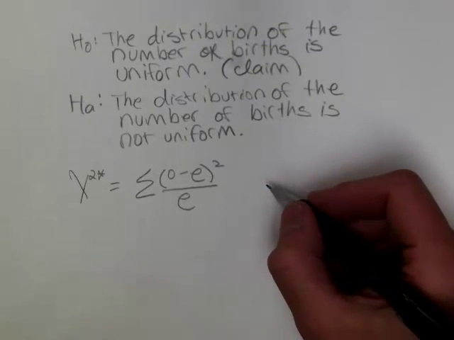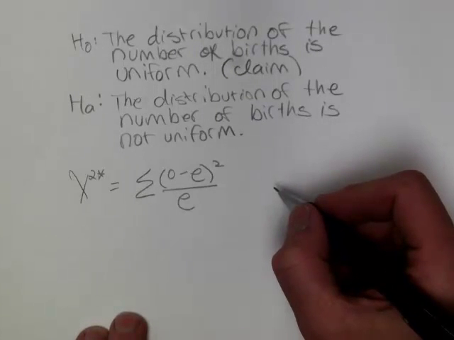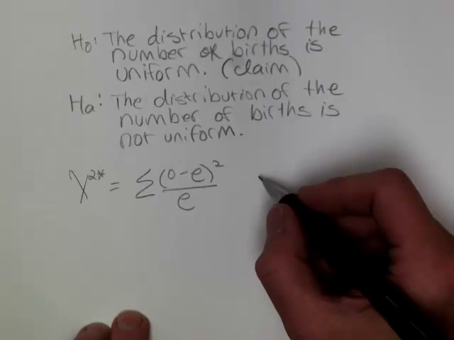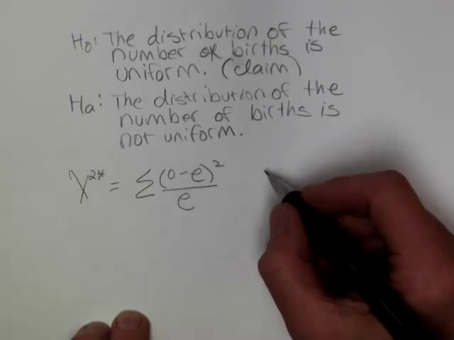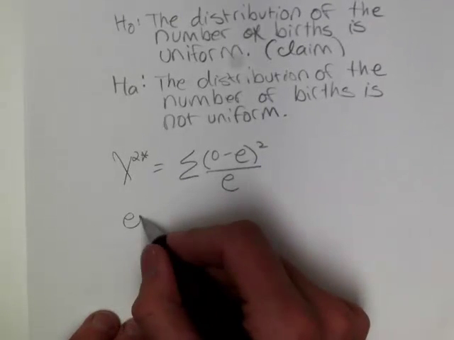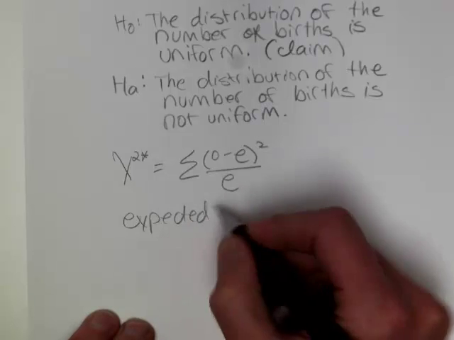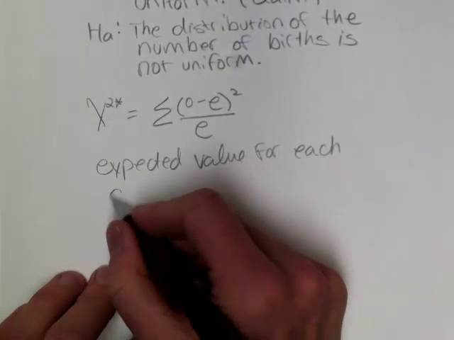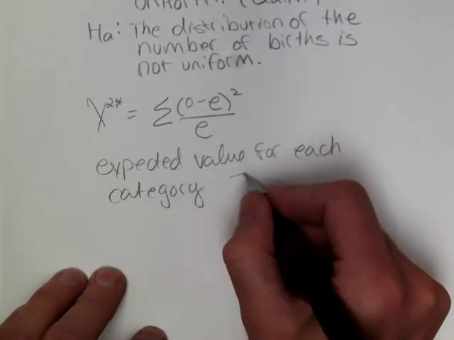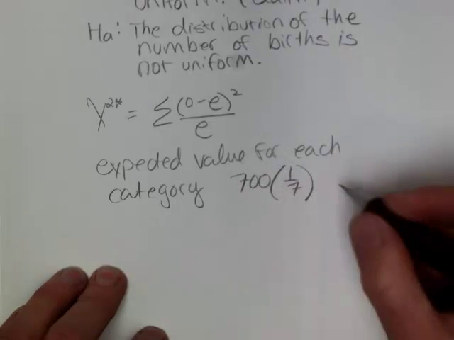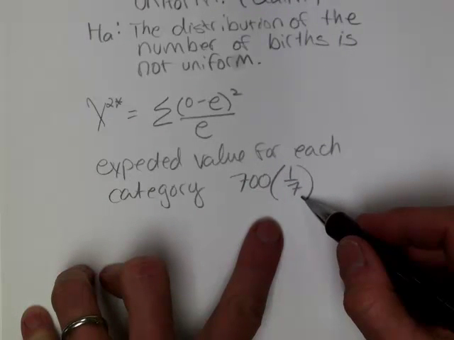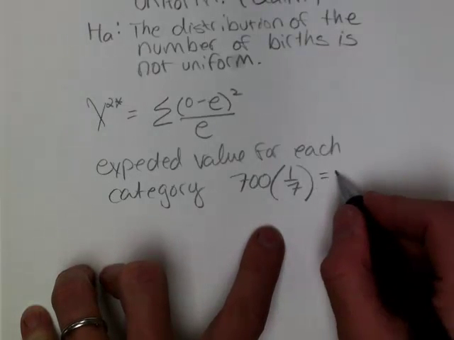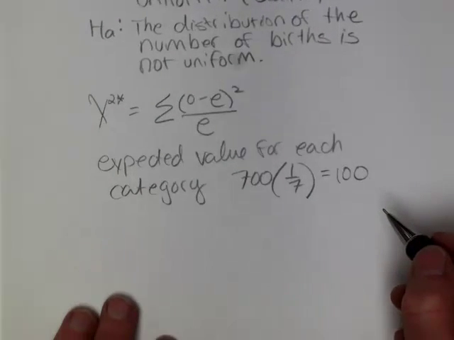Since we have 700 births and we're assuming from the null that they're all equally likely, the expected value for each category, or each day of the week, would be 700 times 1/7. I get the 1/7 from the fact that there are 7 days in the week. So for each category we're expecting 100 births.